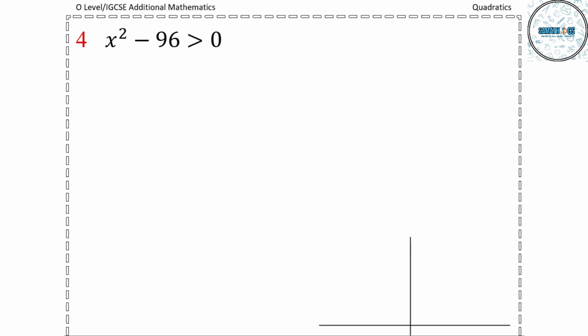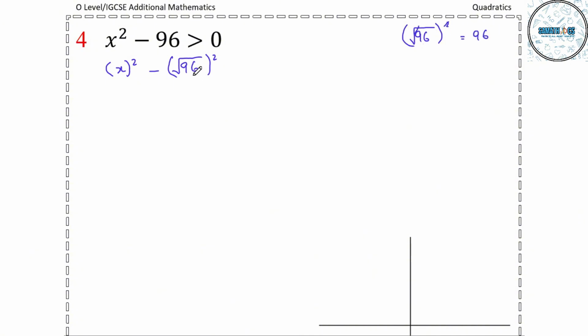Let's do another example. We have x squared minus 96 is greater than 0. In this, we have to factorize it using the identity. We can write it as x squared minus the square root of 96 whole squared. As we know, the square root of 96 whole squared will give the result 96.